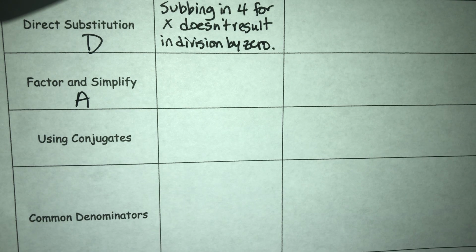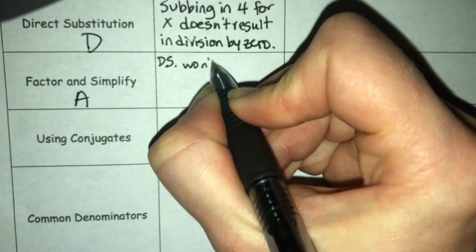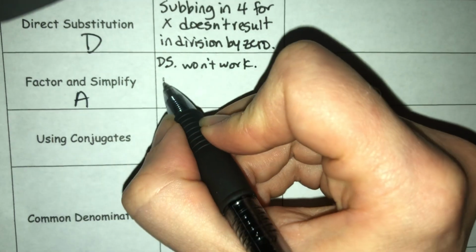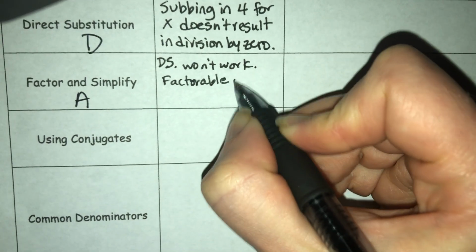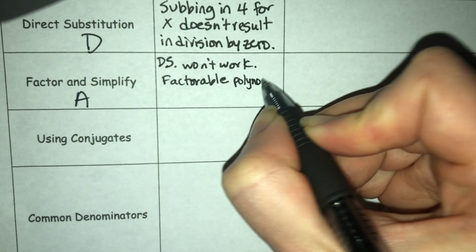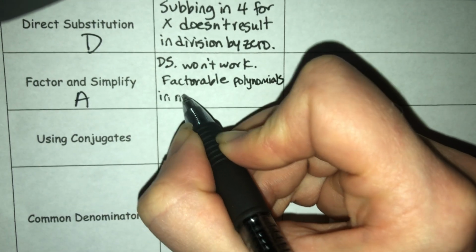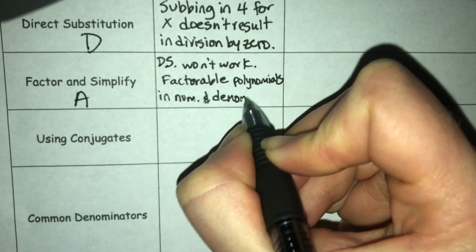We have a problem where direct substitution won't work, but we do have factorable polynomials in the numerator and the denominator.